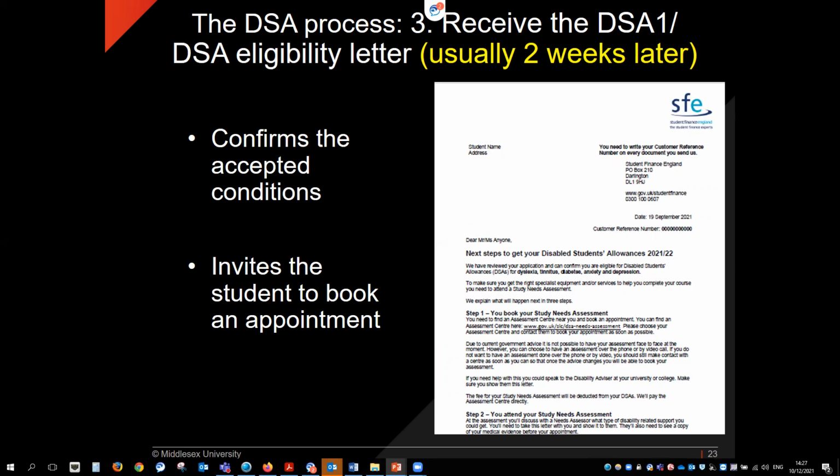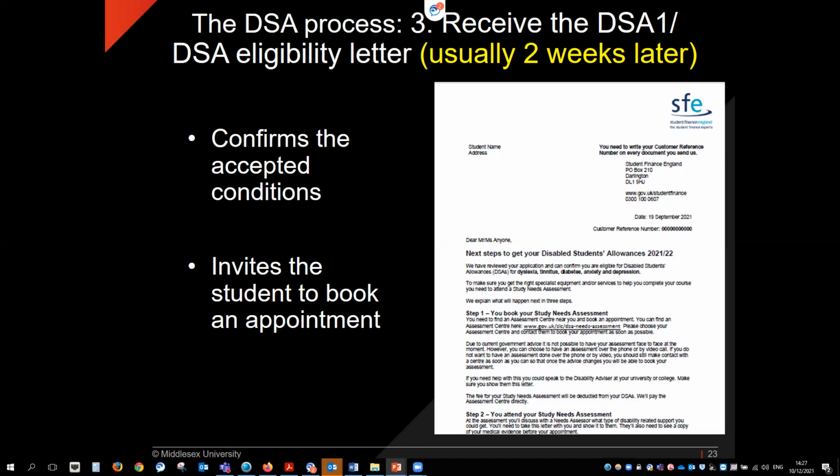So if the student has applied, for example, for dyslexia, the letter will specify that they've applied for dyslexia. This would be in the first paragraph of the letter. It says, we have reviewed your application and can confirm you're eligible for disabled students' allowances for, and then the accepted conditions are listed, one or more conditions.